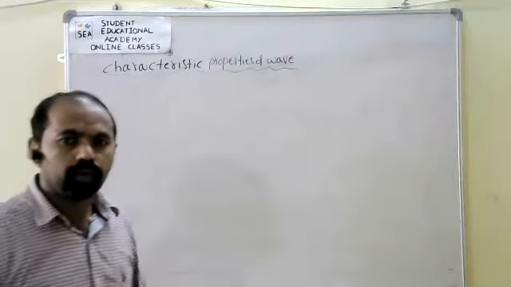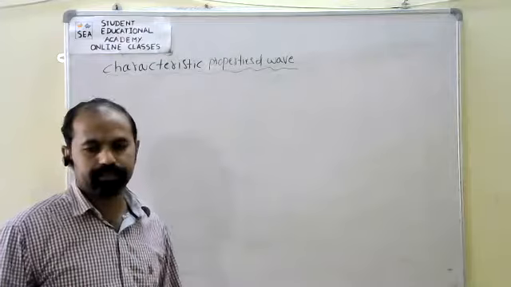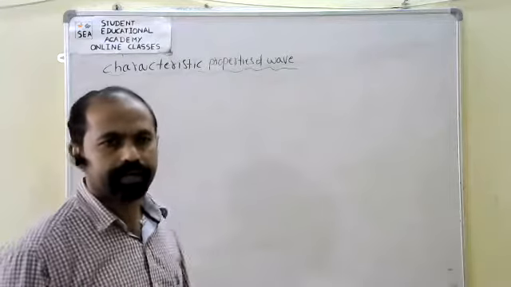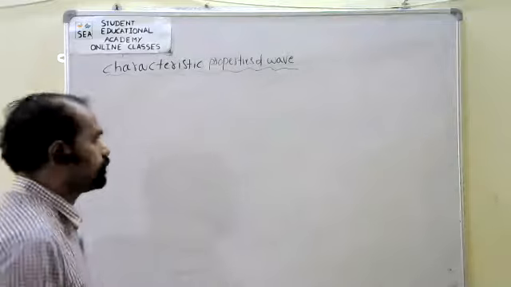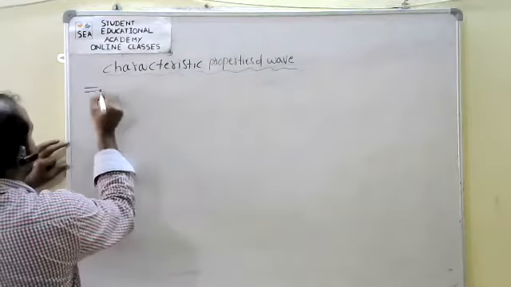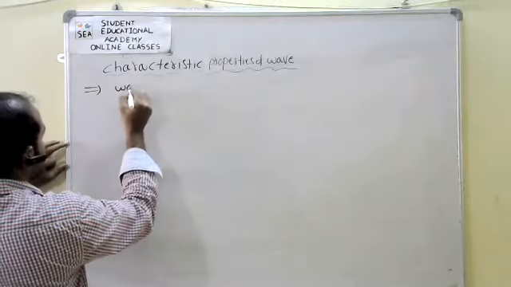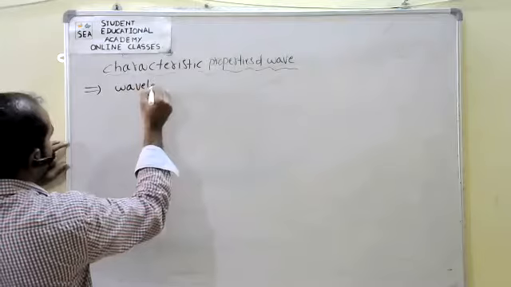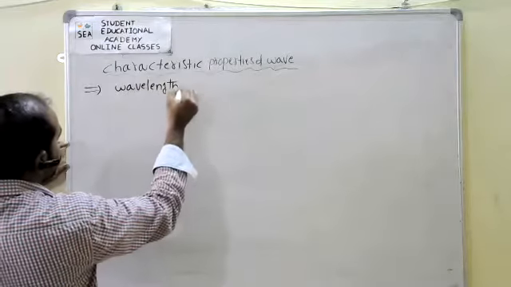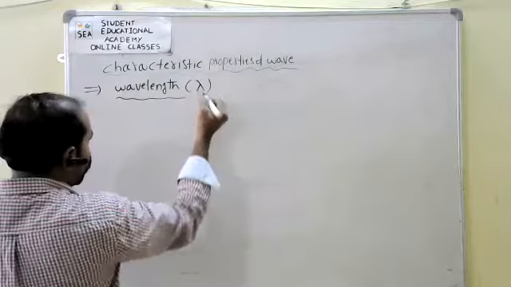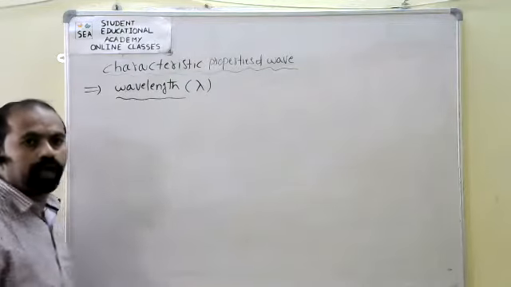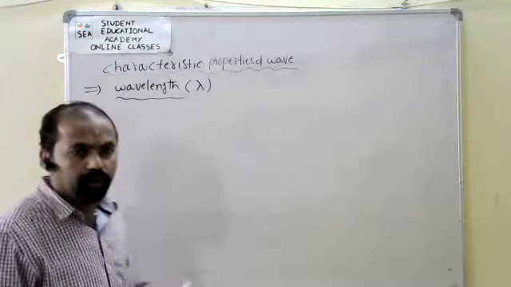So, wave characteristics. Here, already I have given one of the important characteristics, wavelength. It is denoted by lambda. Okay, what is called a wavelength?